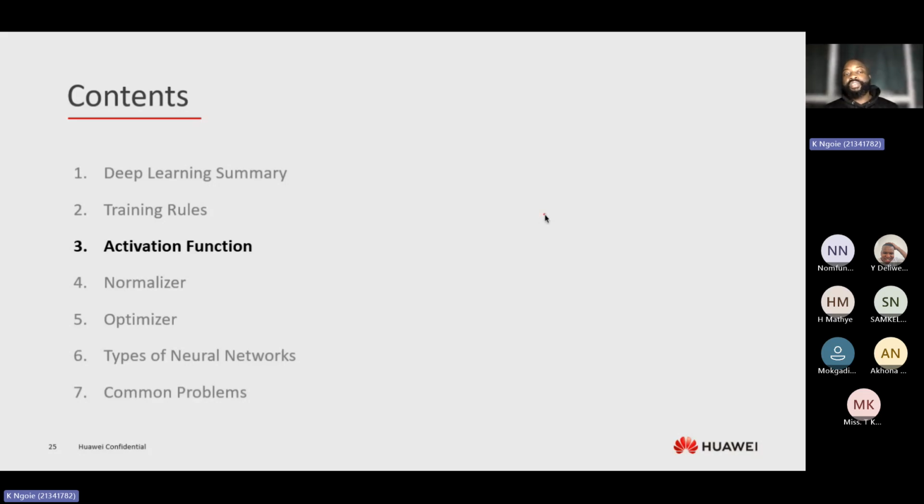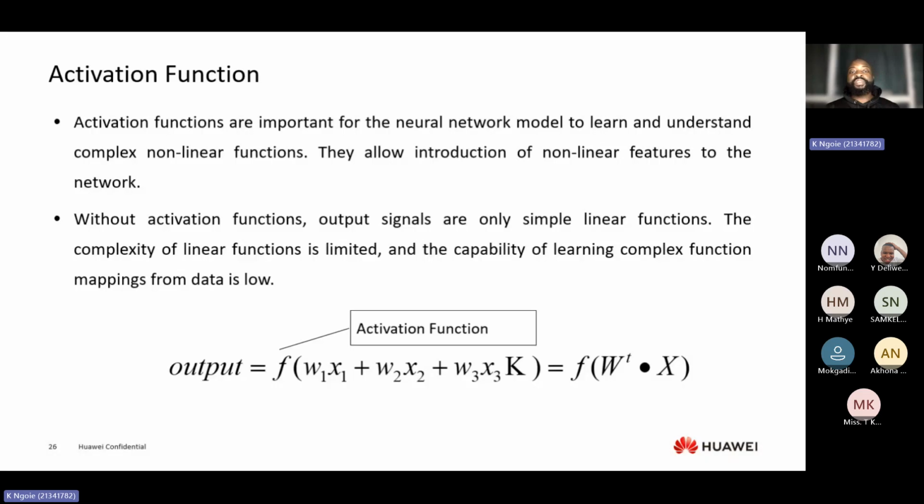Okay, so the activation function is just a mathematical function that we use in AI to transform the output into a certain form. So what does it mean? It means that we want to transform whatever output we have into a certain range of data that we want.